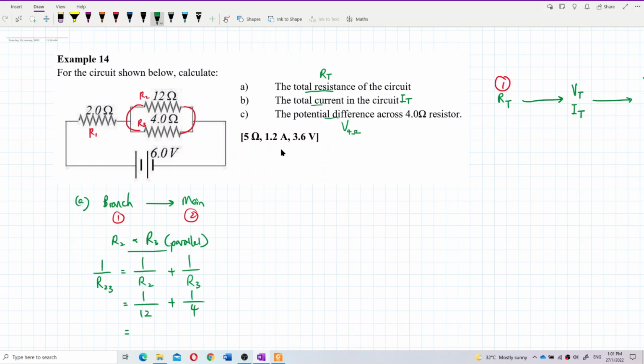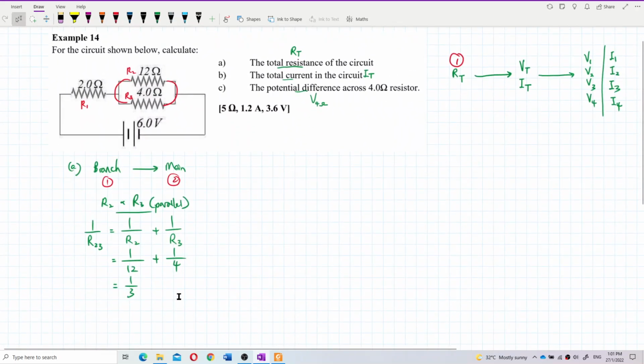Okay, add up, it becomes 1 over 3. Okay, this is not the R23 yet. This is not the total resistance yet, because this is still 1 over R23. Understand? It's not R23 yet. So you need to invert this thing.